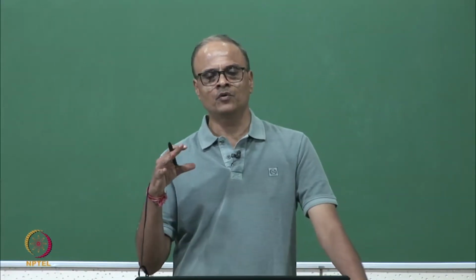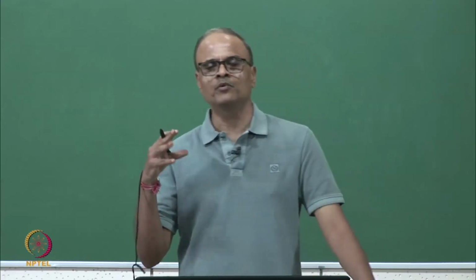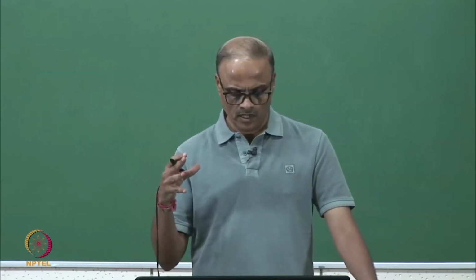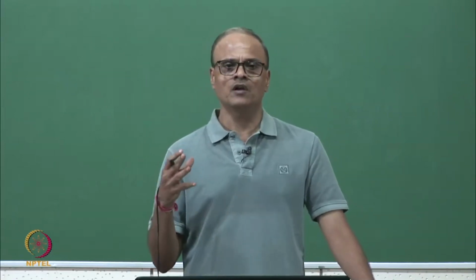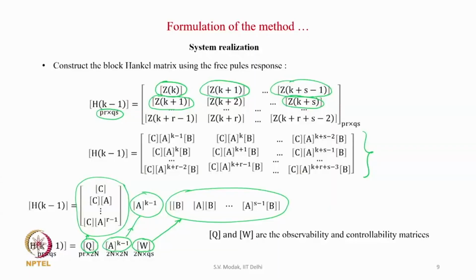So, if we have to control the system, then through these Q input locations we can control the system, and therefore this W matrix determines the way the system can be controlled, and that is why it is called the controllability matrix. In this way a block Hankel matrix has been constructed using the free pulse responses, written in terms of three matrices, that is Q, A^(k-1) and W.